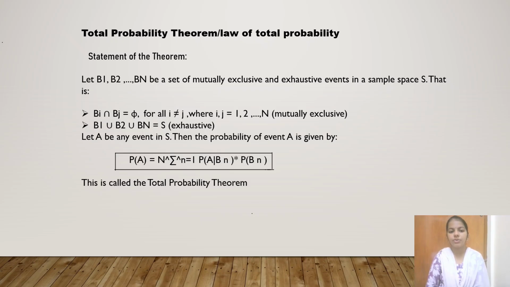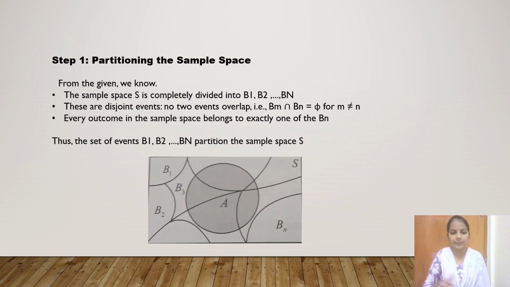B1 union B2 union and so on union Bn is equal to S, so they are exhaustive events. Let A be any event in S. Then the probability of event A is given by P of A equals summation from n equals 1 to n of P of A given Bn into P of Bn. This is called the total probability theorem.